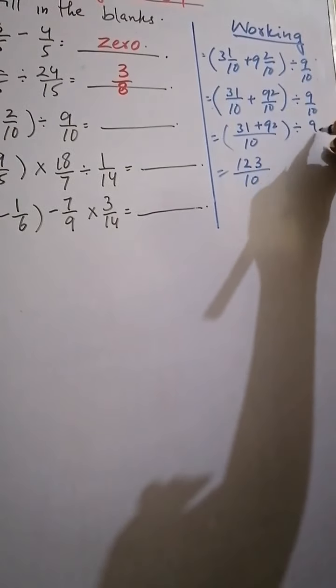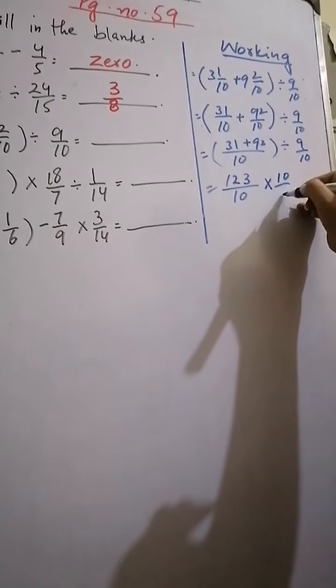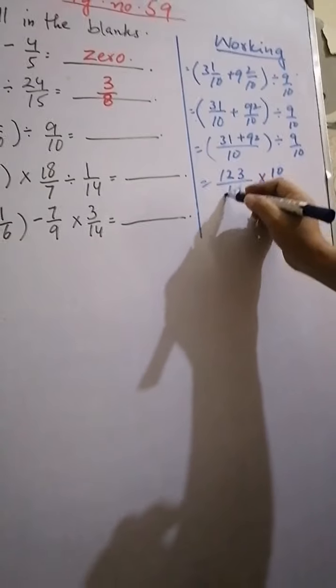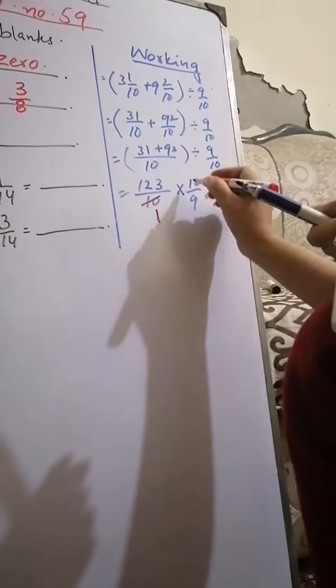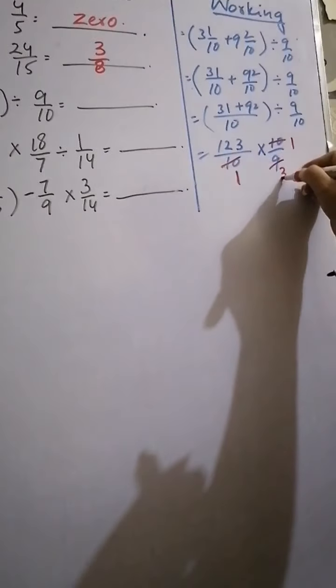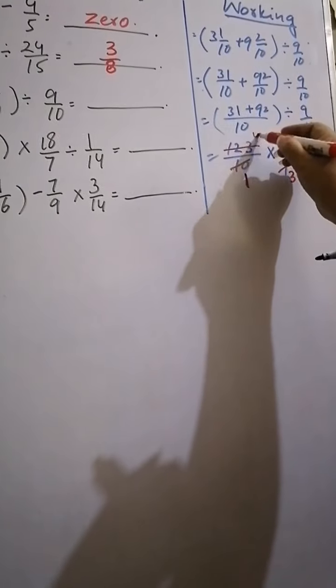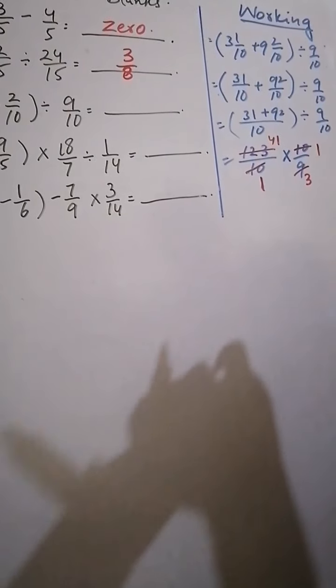Now divided by 9 by 10 becomes multiply 10 by 9. Clear? It's 10 ones are 10, 10 ones are 10. So 3 threes are 9, 3 fours are 12 and 3 ones are 3, right? It's 41.